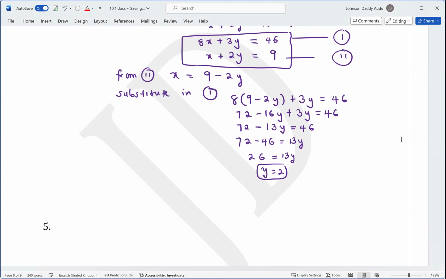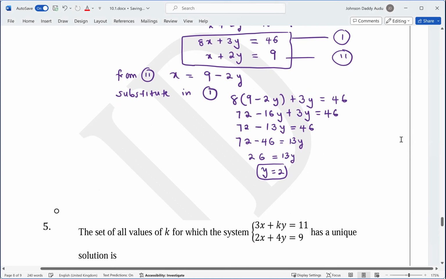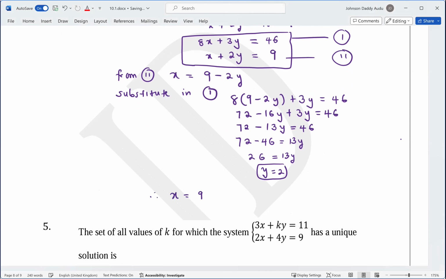So if y is 2, what is x? Remember already x equals 9 minus 2y. So this is 9 minus 2 times 2. So x is 9 minus 4, which equals 5.